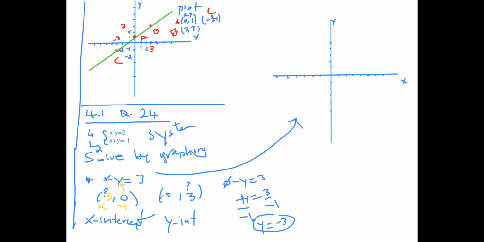Okay, so the first point, 3, 0. Where do we start from? We want to put that in this graph. Start from 3, which is here. And then where do you go? You do y, but y is 0, so it stays in the middle.